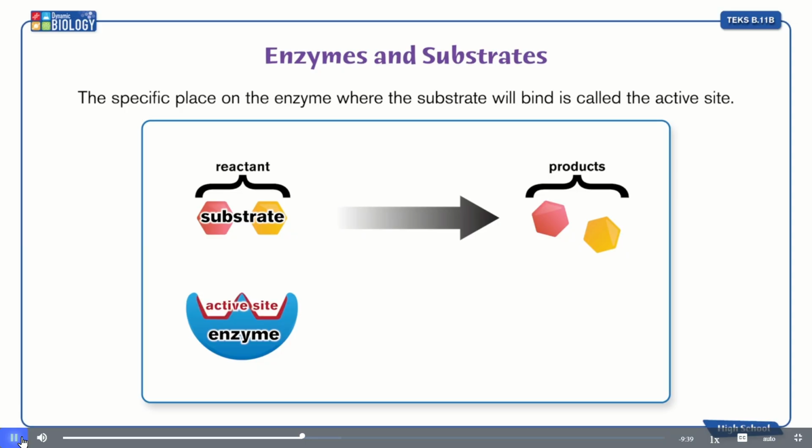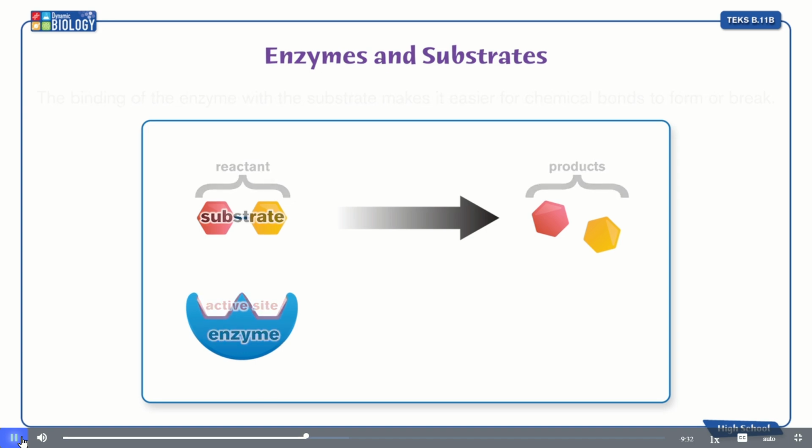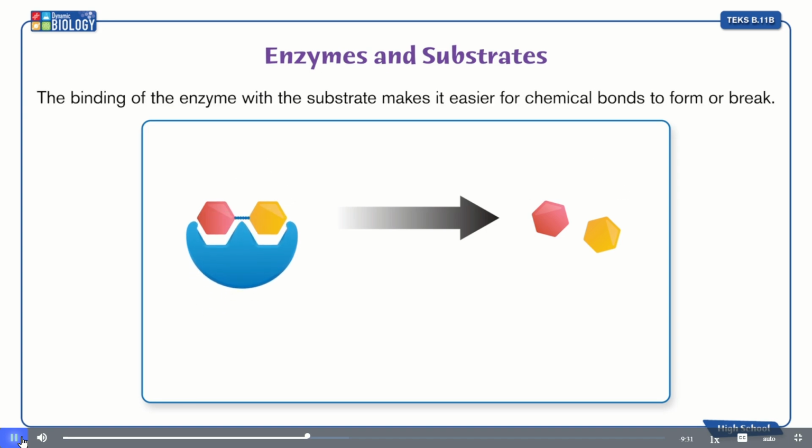The specific place on the enzyme where the substrate will bind is called the active site. The binding of the enzyme with the substrate makes it easier for the chemical bonds to form or break. In this case, the enzyme helps break the bond that holds the substrate together. Once the bond breaks, our two products are formed.